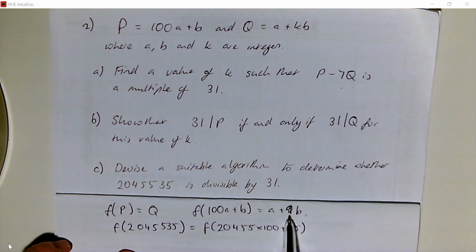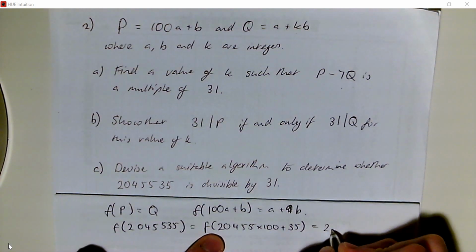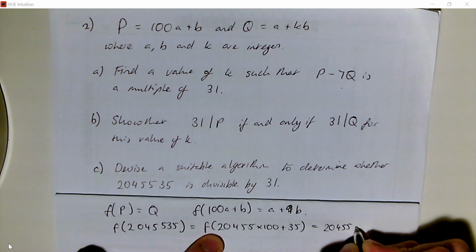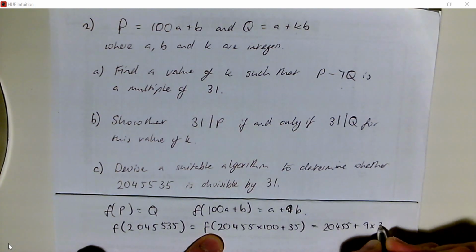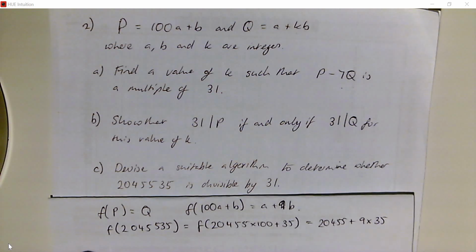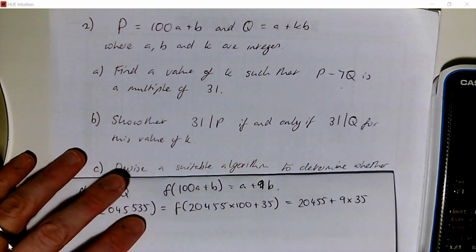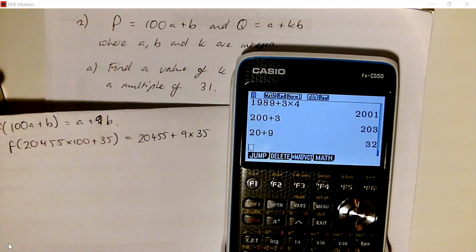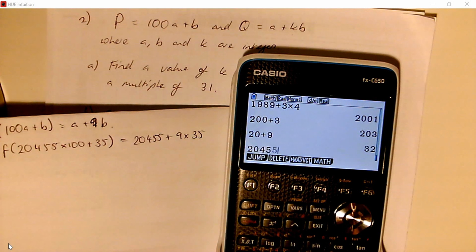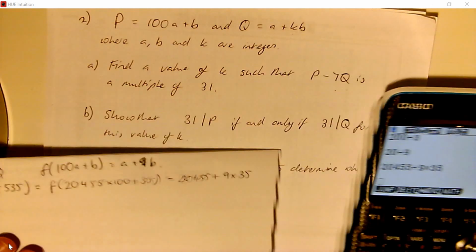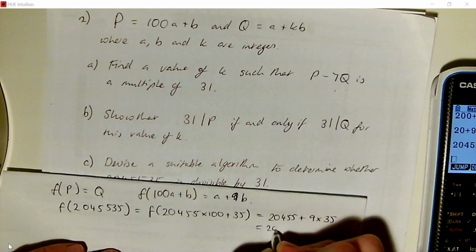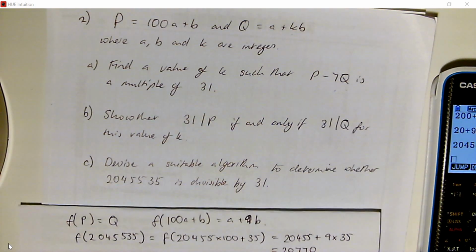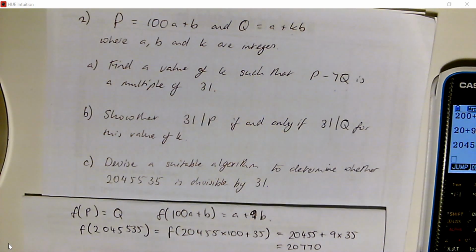So using my function, I can then write that as this first number, 20,455, plus 9 times 35. Right, so I'm going to do that on my calculator. So 20,455 plus 9 times 35 is 20,770. Quite a big number, but at least it's still smaller than the 2 million one.